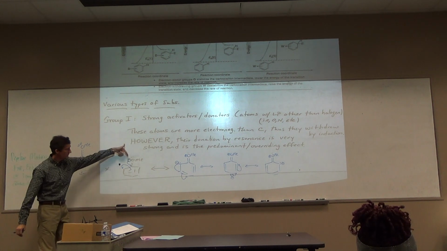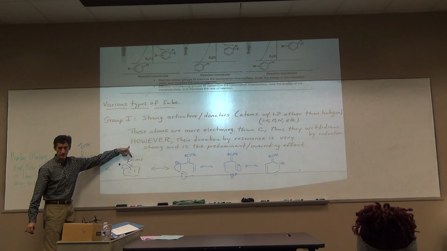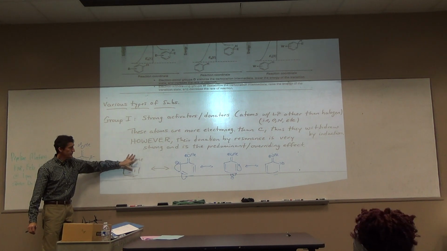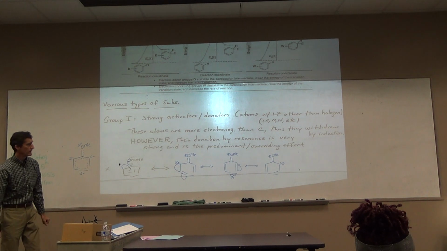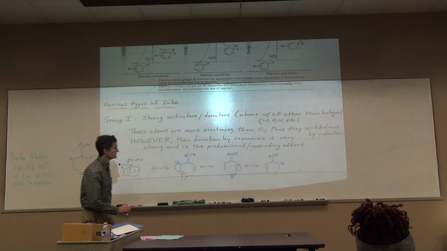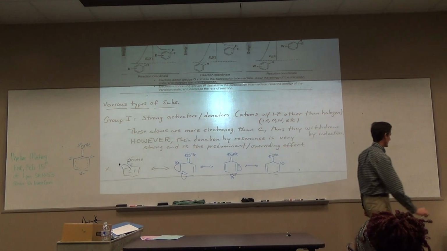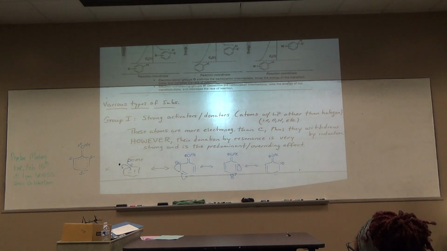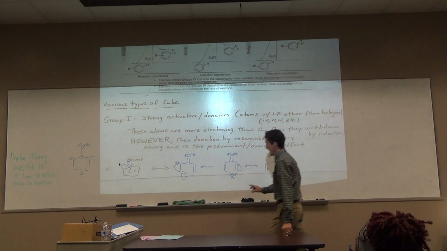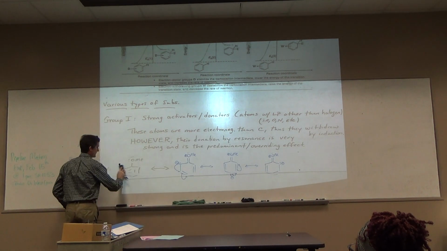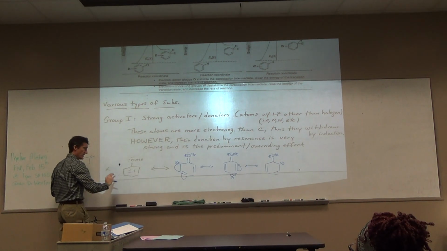Later on, we'll call this an ortho-para director because it puts most electron density at the ortho and para positions. Okay. Something else is said here. This is resonance. All that's resonance.